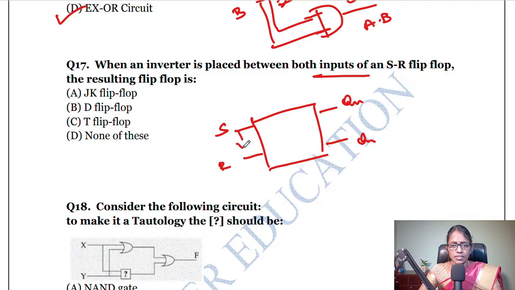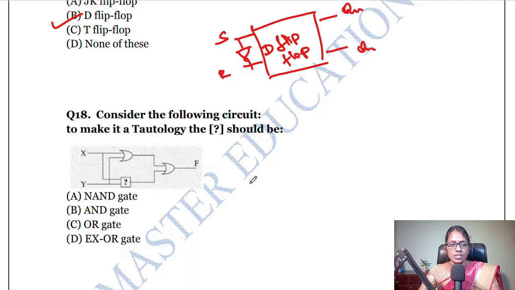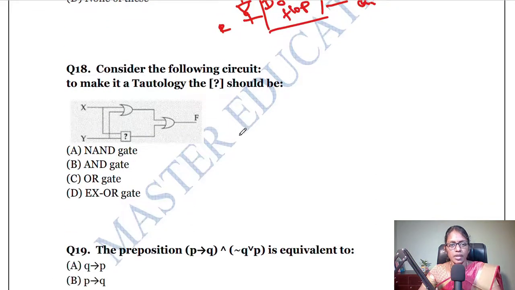If you place an inverter here between them, then this flip-flop will act as a D flip-flop. Okay. The next question is, consider the following circuit to make it a tautology.